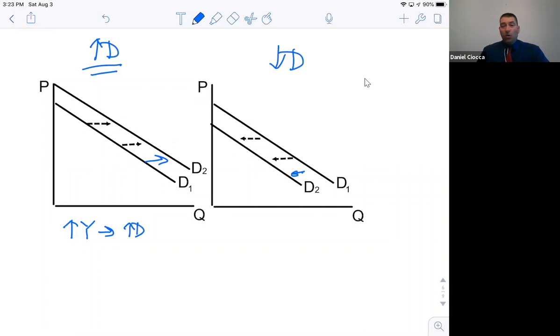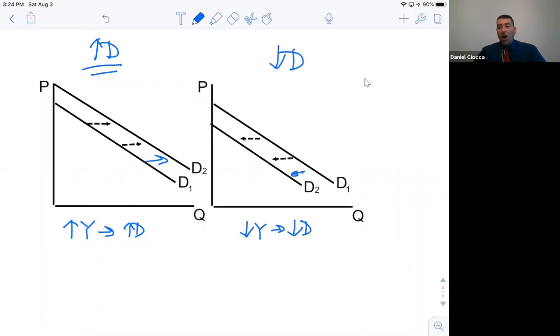You're more likely to go on a European vacation when your family has a lot of income than when they don't. And anything that results in a decrease in consumer income, like perhaps a lot of unemployment or recession, would typically result in a decrease in the demand for many goods and services.